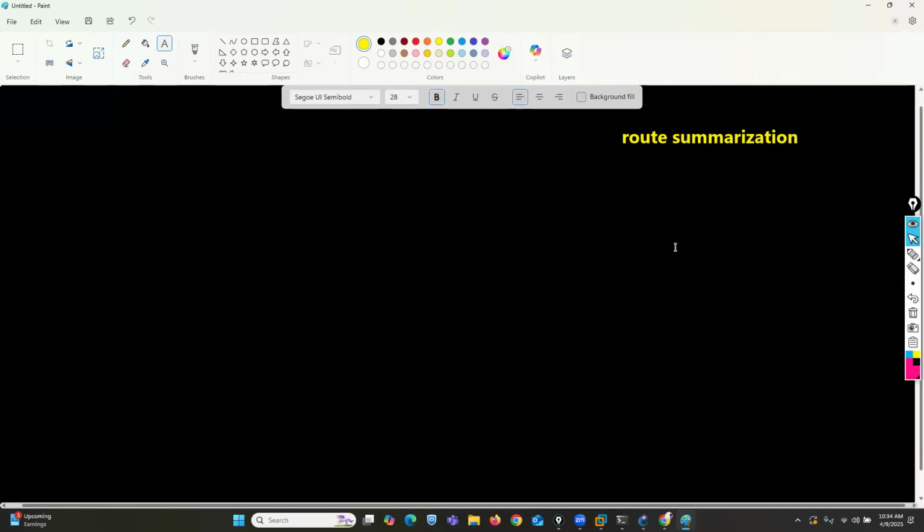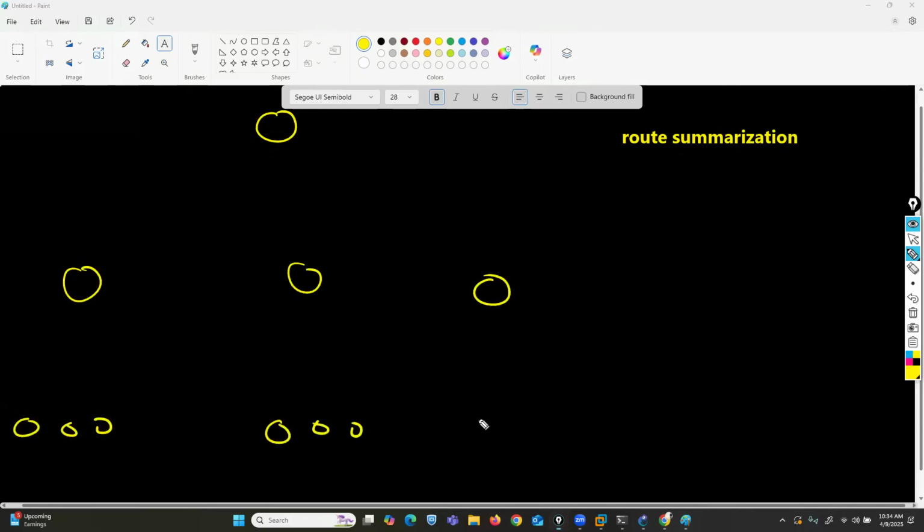Let's create a scenario. For example, I have multiple routers in this design. These are routers, not desktop machines.